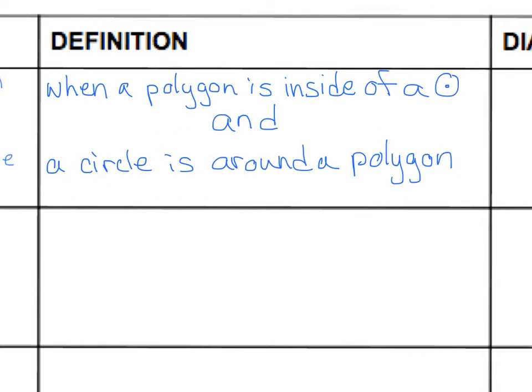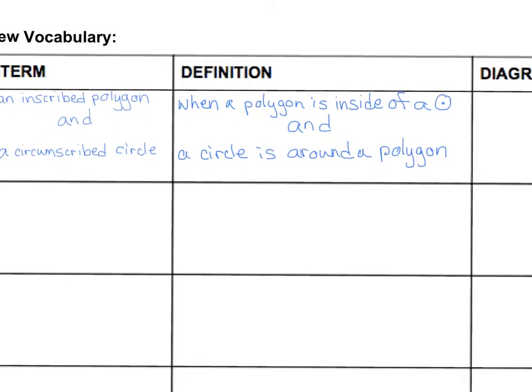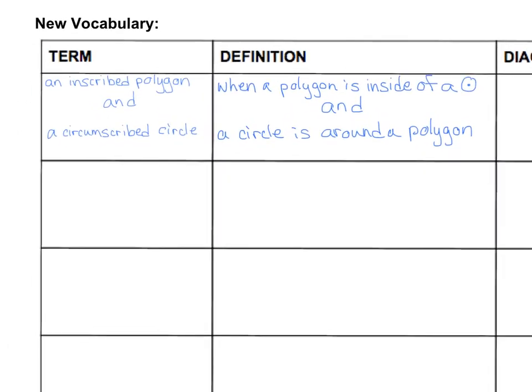Okay, so just go back with me for a second here, and let's think about how we can remember from the way those words are put together. Whenever we're talking about inscribed, we can think about that prefix in, and that means that whatever word comes after, that's the thing on the inside, if you will. For circumscribed, you can think about vocabulary words with that prefix circum, which basically means to go around.